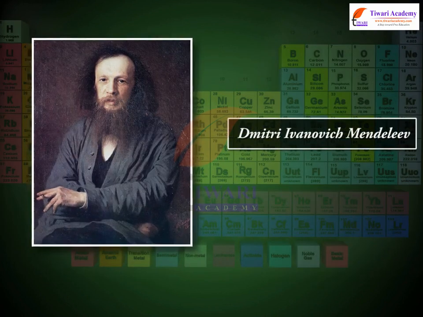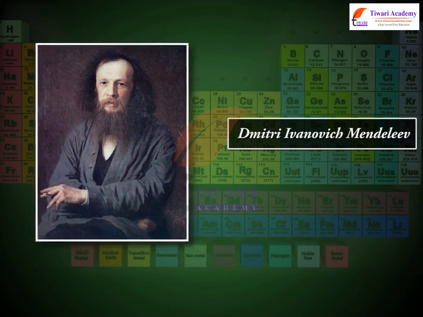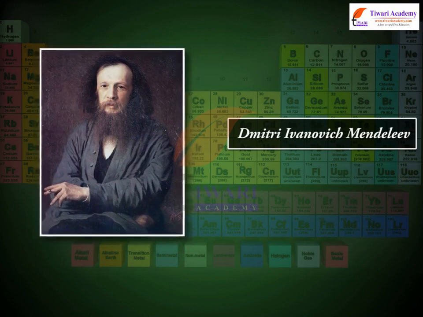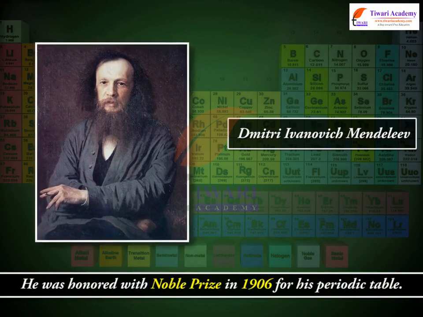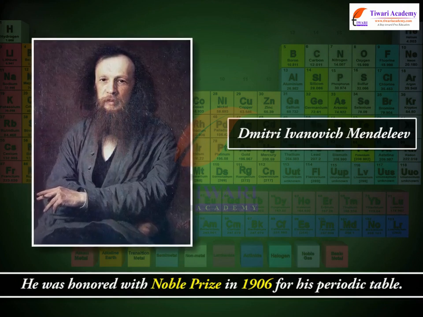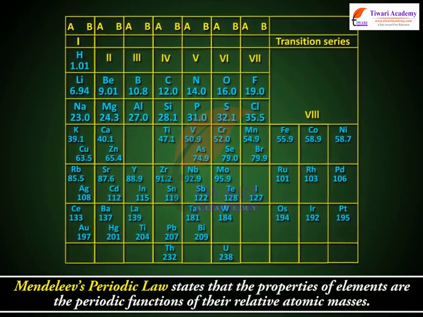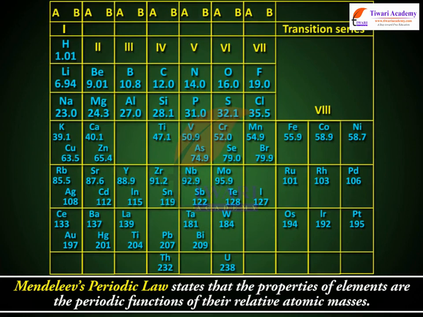Dmitry Ivanovich Mendeleev, a Russian scientist, arranged the elements in increasing order of their relative atomic masses. He was honored with the Nobel Prize in 1906 for his periodic table. Mendeleev's periodic law states that the properties of elements are the periodic functions of their relative atomic masses.